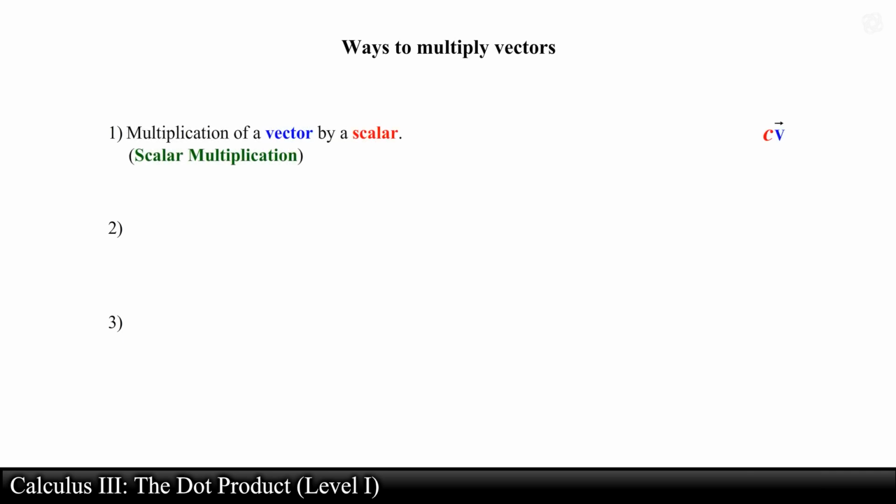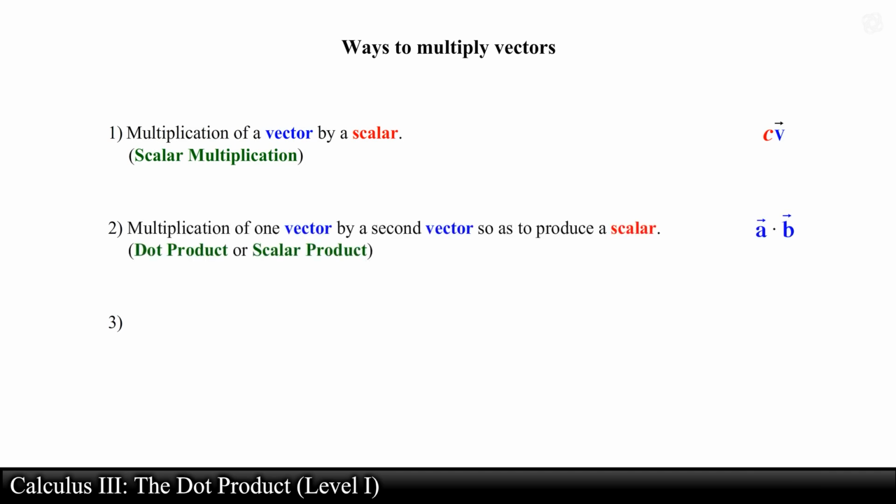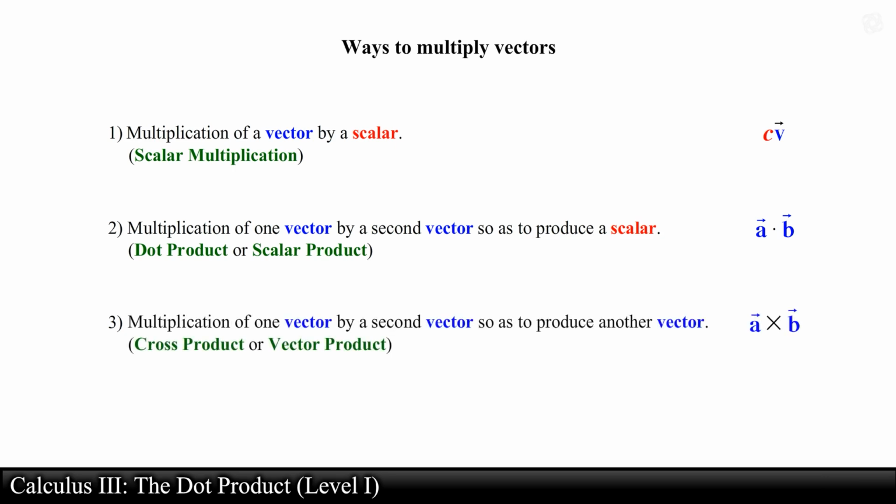Among the many possible ways to define how to multiply vectors, there are three ways that are most commonly used in math and physics. These include multiplication of a vector by a scalar, which was already discussed in the previous videos, multiplication of one vector by a second vector so as to produce a scalar, and multiplication of one vector by a second vector so as to produce another vector.